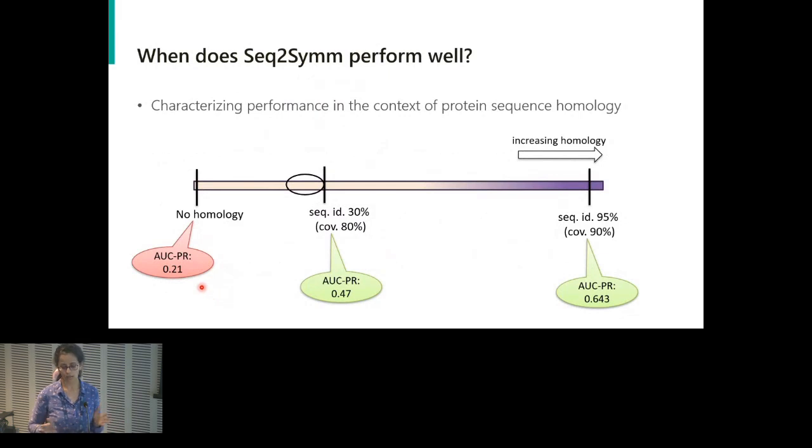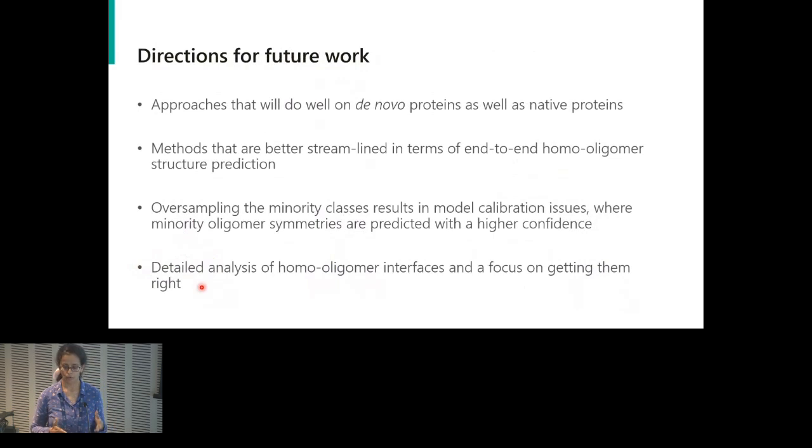Given this analysis, we get a nice ballpark for what the future steps should be for this kind of work. We need approaches that do well on de novo proteins as well as native proteins, so things should work in the low homology regime. We need methods that are better streamlined in terms of end-to-end homo-oligomer structure prediction.